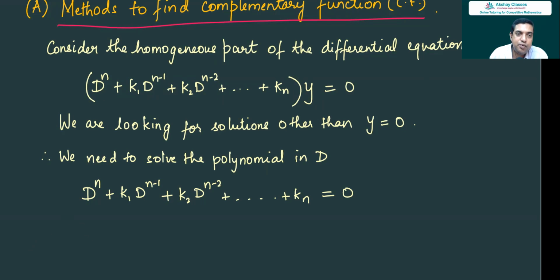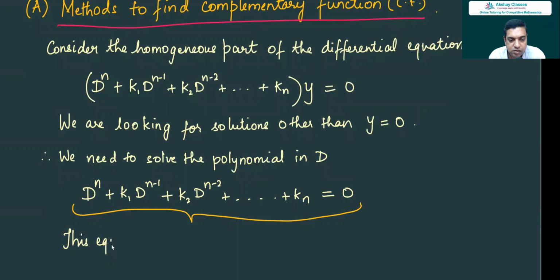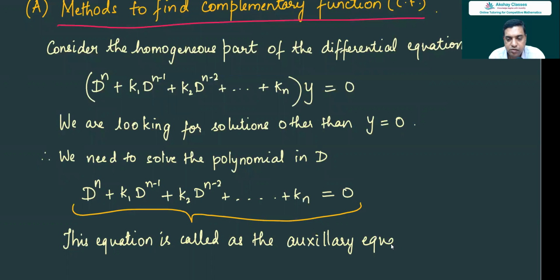Now, this equation is called the auxiliary equation. It is the polynomial equation containing the differential operator D.